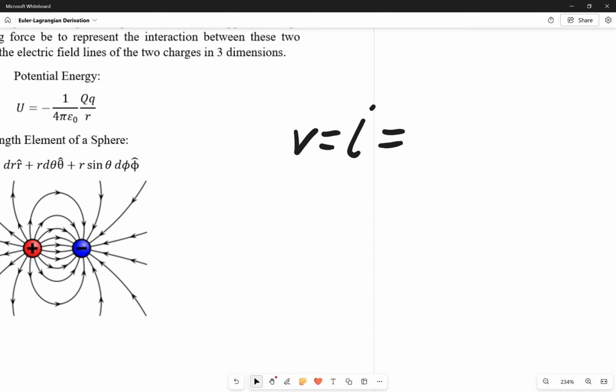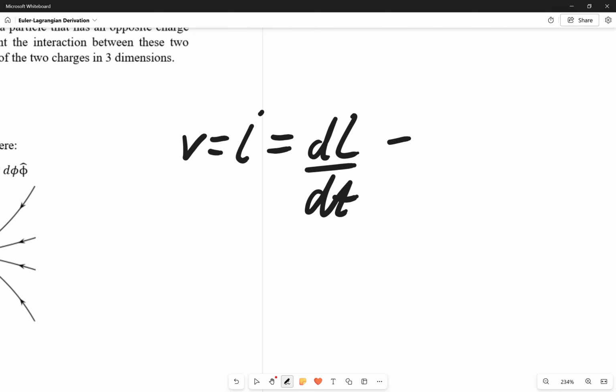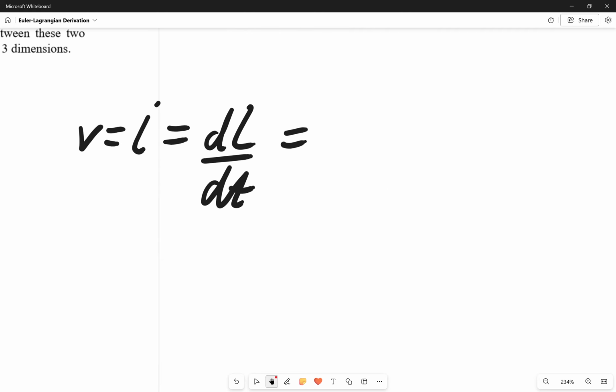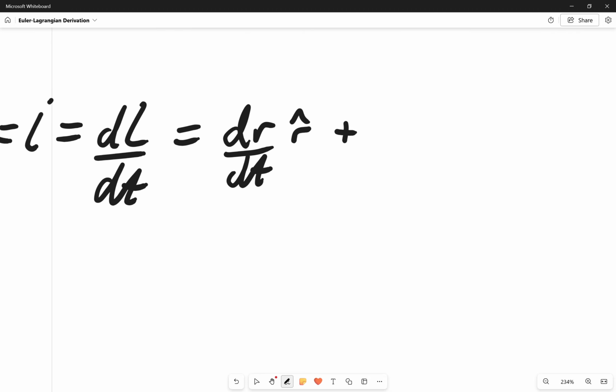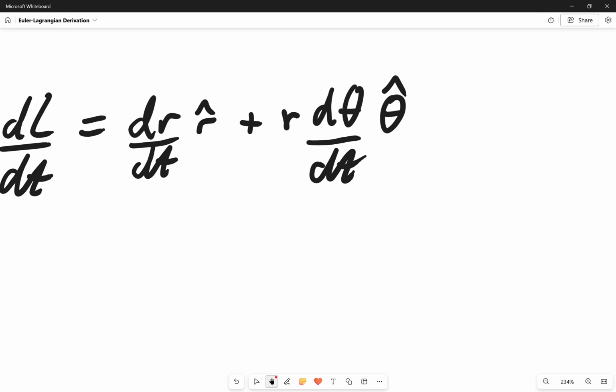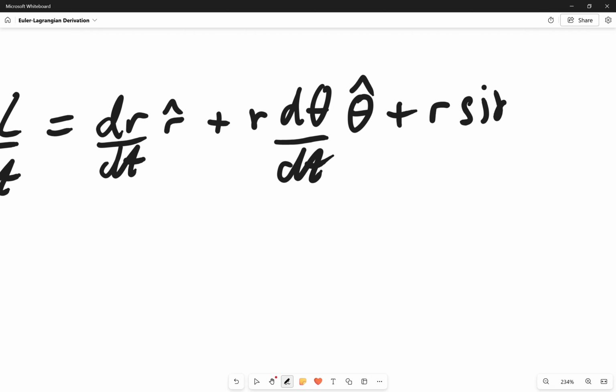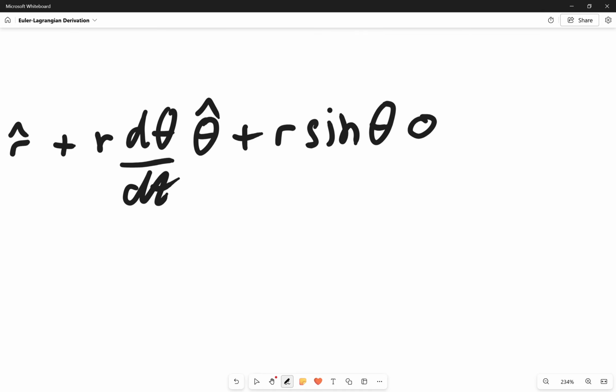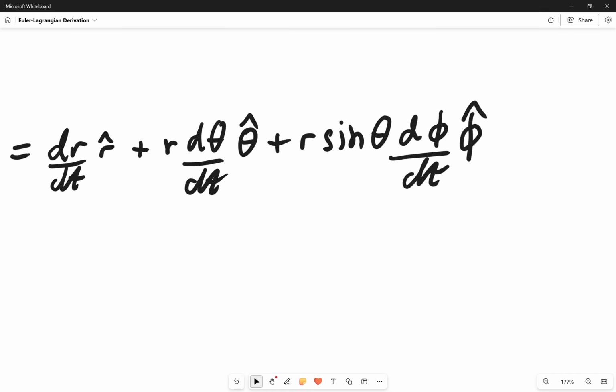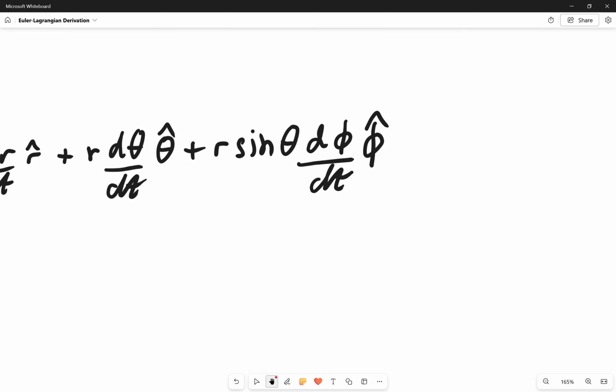And L dot is Newton's notation to represent the time derivative of L. Now I can write the length element of the sphere vector while distributing the time derivative across it. Now I can use Newton's notation.